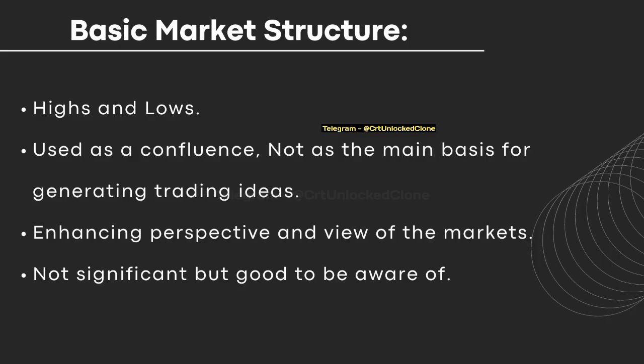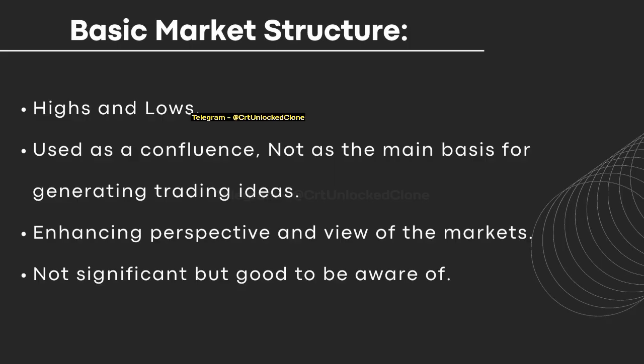So as I said before, the key elements for basic market structure are highs and lows. It's basically what it is made of. Second thing is that it should only be used as a confluence, as I said before, and not as the main basis for generating or defining trade ideas or frameworks.